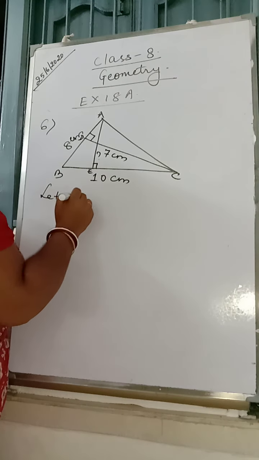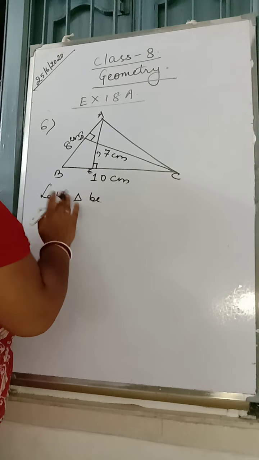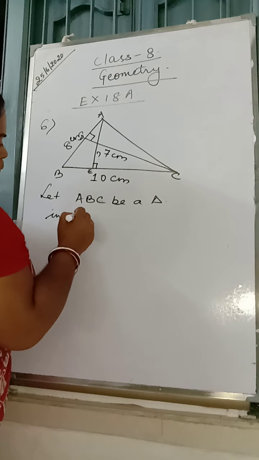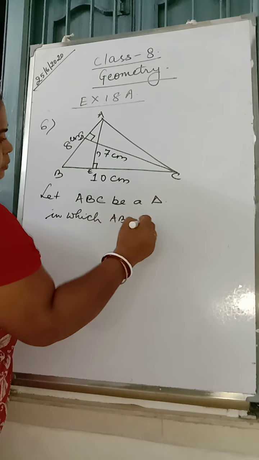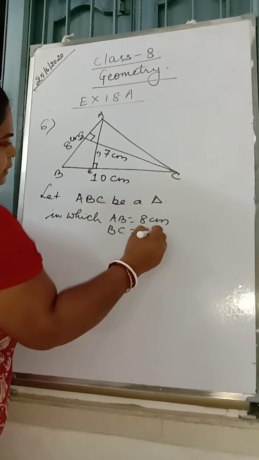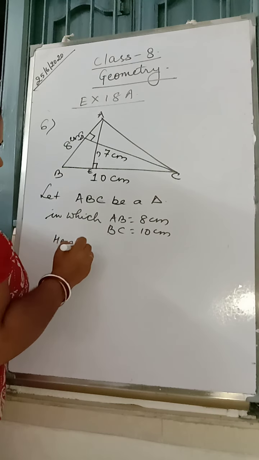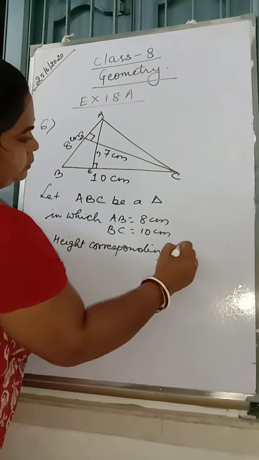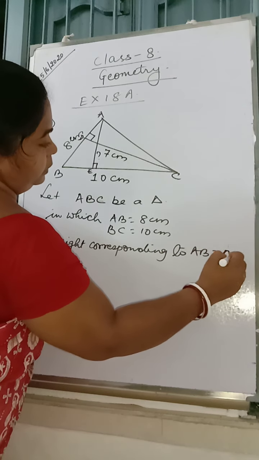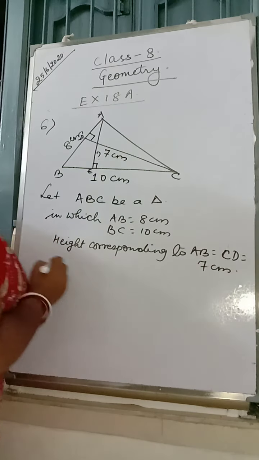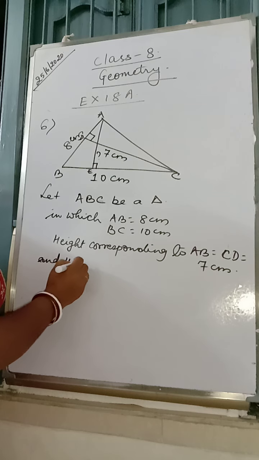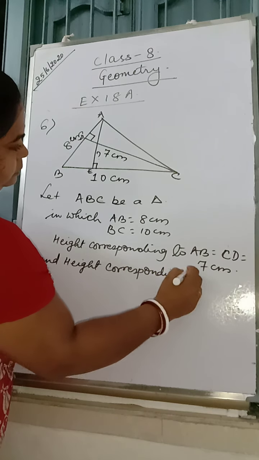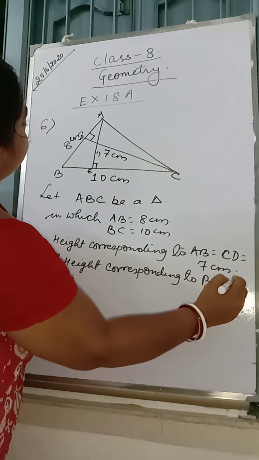You can write here, let ABC be a triangle in which AB is equal to 8 centimeter, BC is equal to 10 centimeter, height corresponding to AB is CD is equal to 7 centimeter and height corresponding to BC is AE.